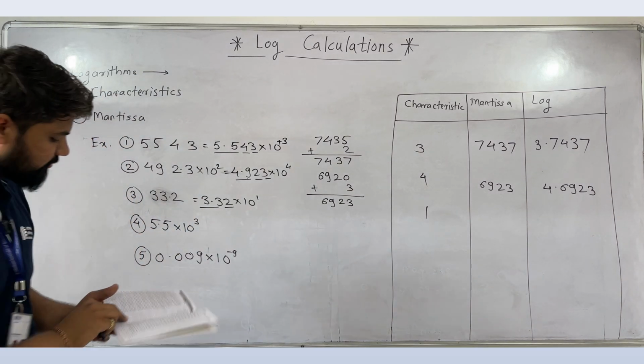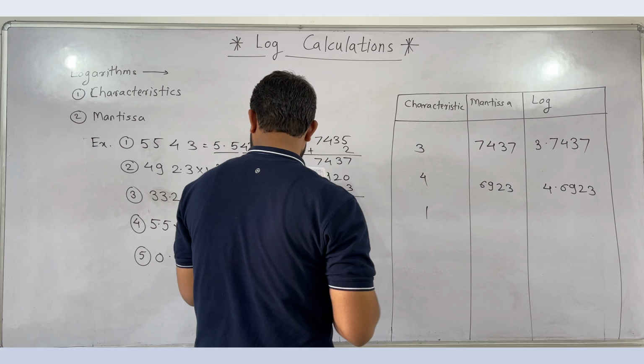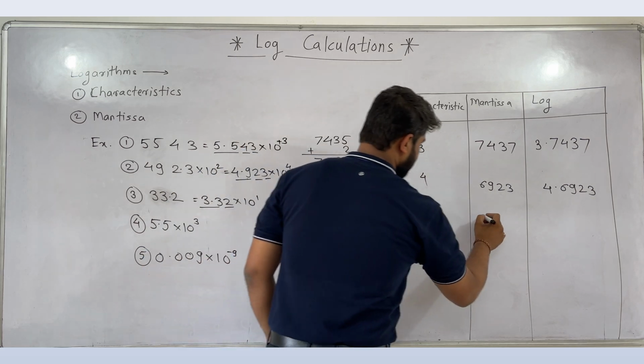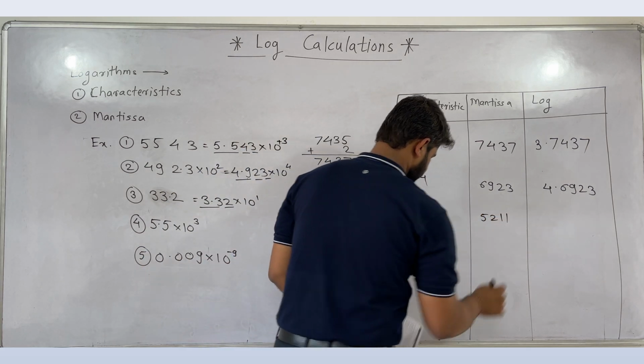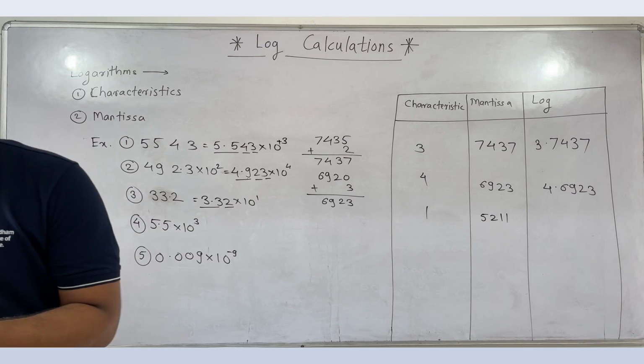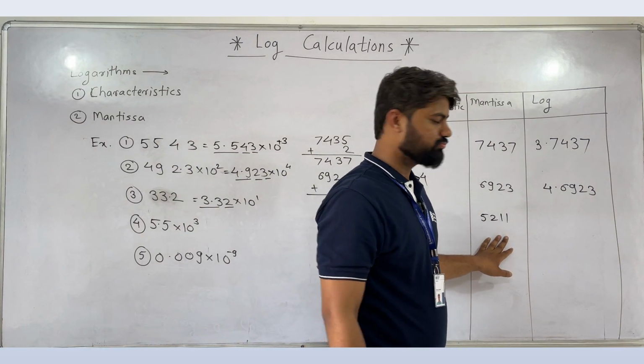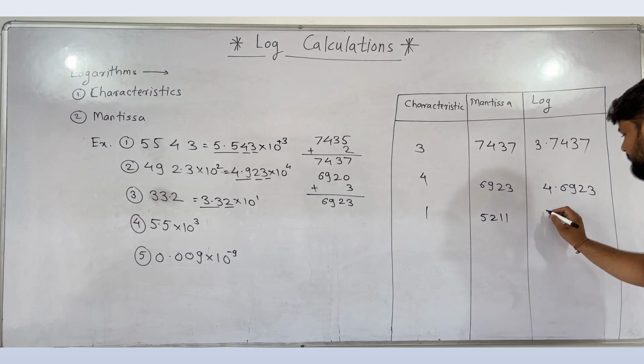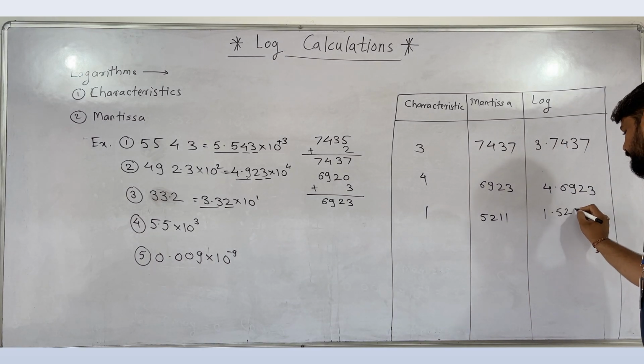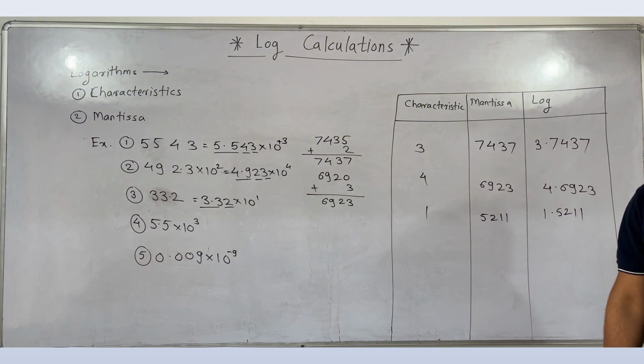So when we take the row of 33 and column of 2, we get 5211. Now, do we have to do anything extra for it? No. We just take this number and write this as 1.5211, and it becomes its log.